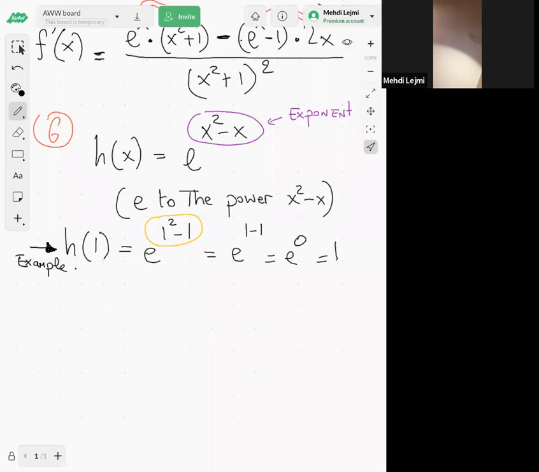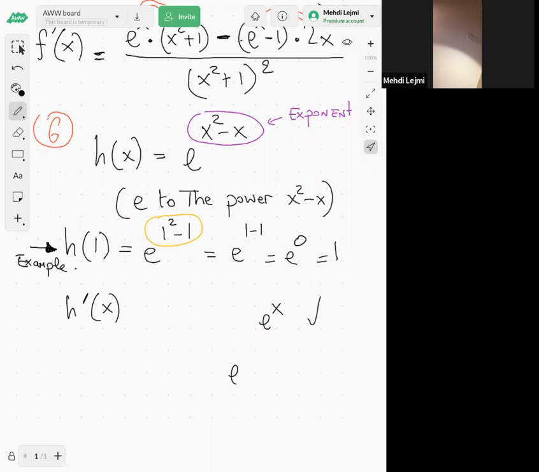Right. Now the main problem is, what's h prime of x? Well, we do know the derivative of e to the x: the derivative of e to the x is e to the x. But this is not e to the x.